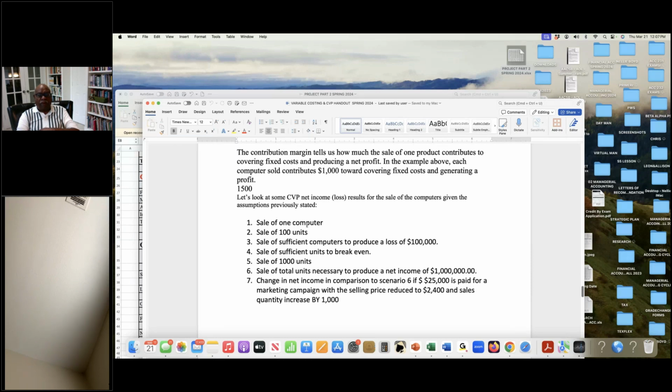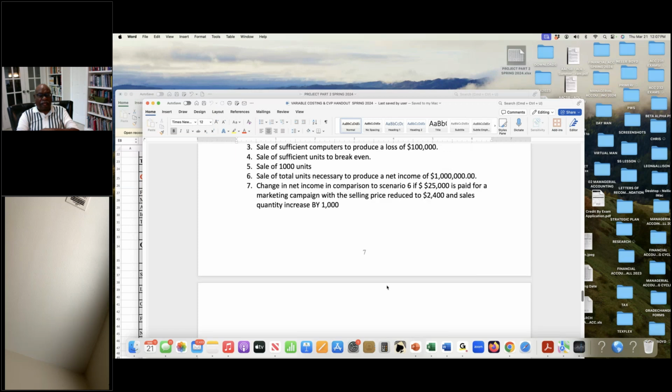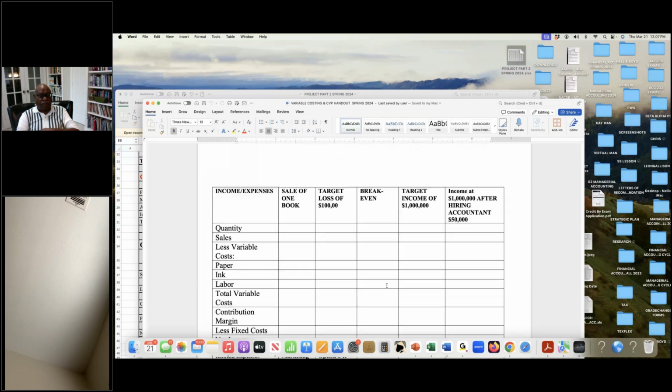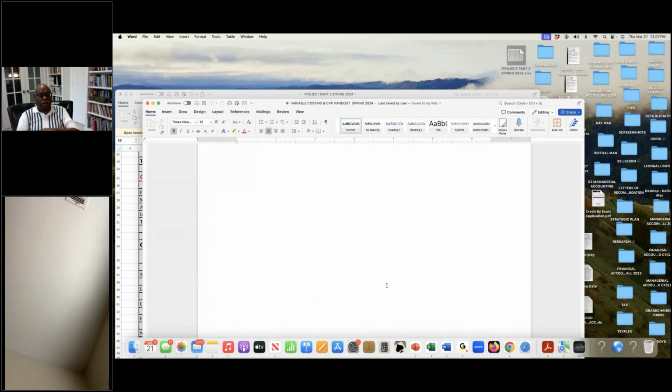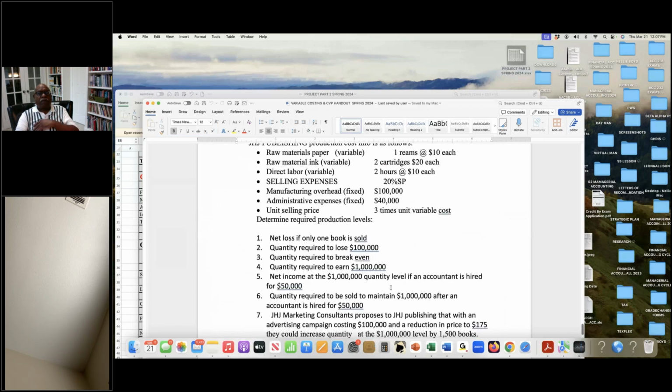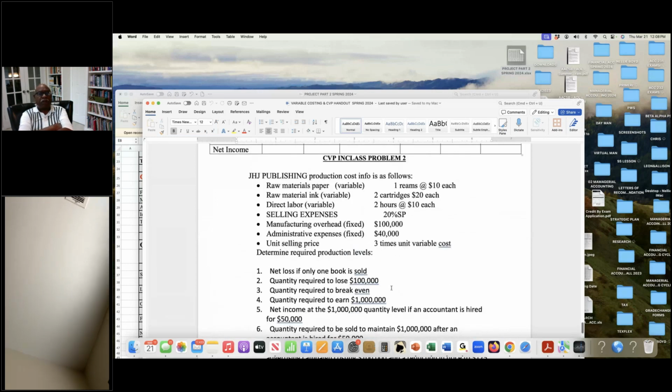Now, next time, we'll begin to look at when we change certain things out. So this item 7. Then we're going to move to CV in class problem 2.